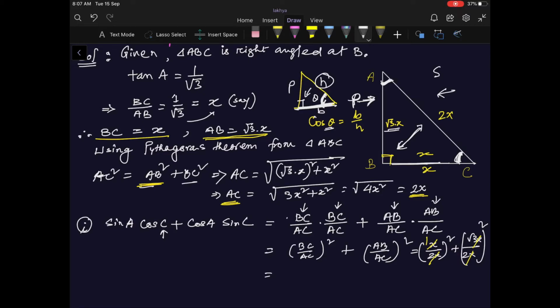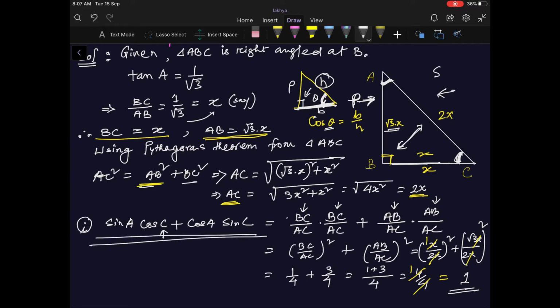Square of 1 by 2 is 1 by 4, and square of root 3 by 2 is 3 by 4. Now LCM is 4, so we get 1 plus 3, that's equal to 4 by 4, which gives 1. So this is the value of sin A cos C plus cos A sin C.